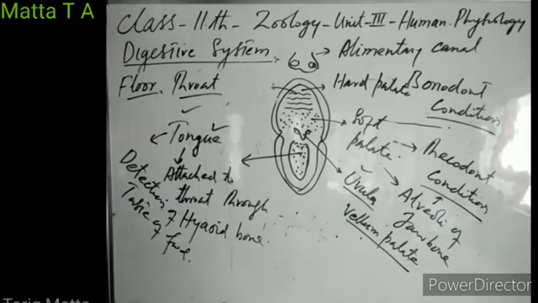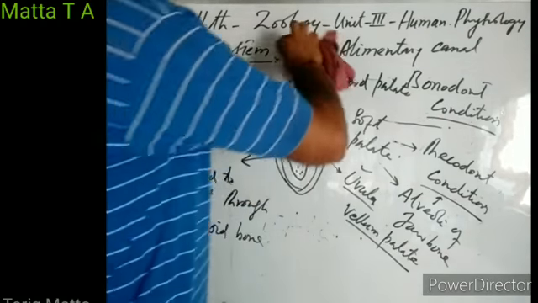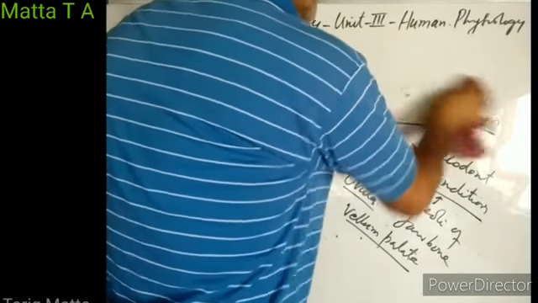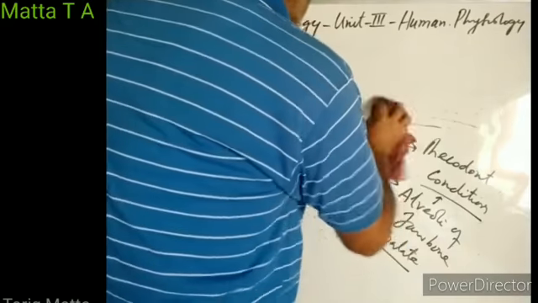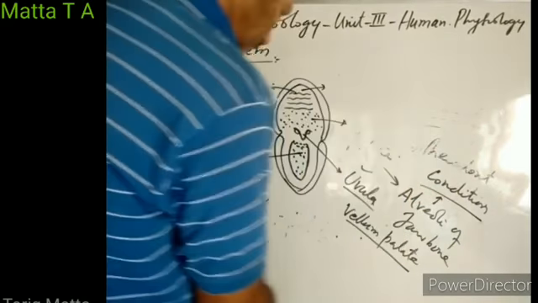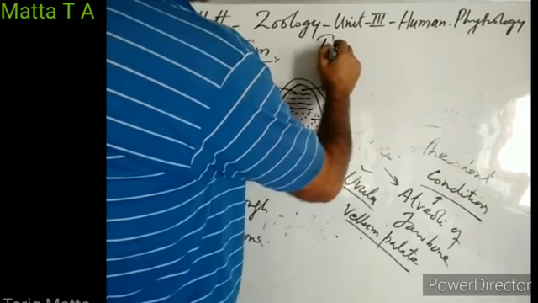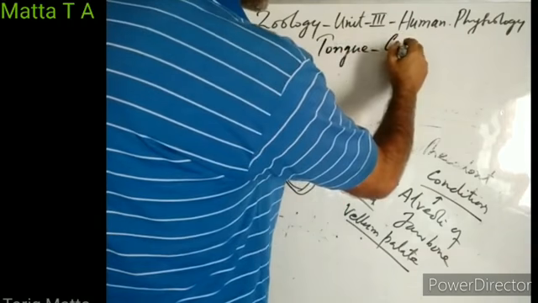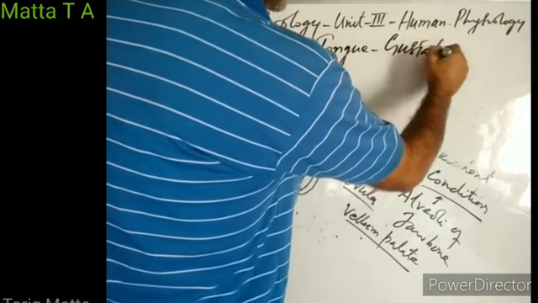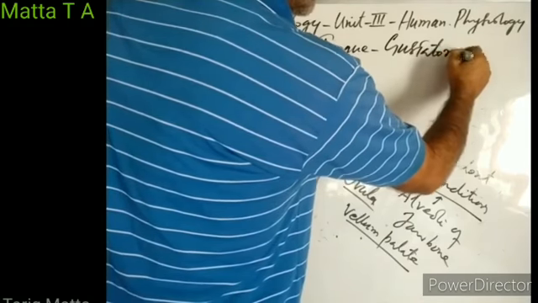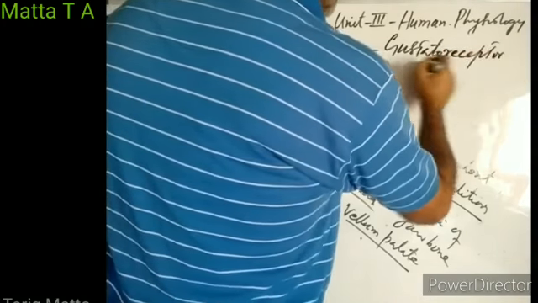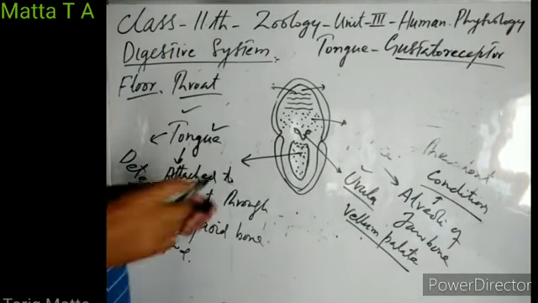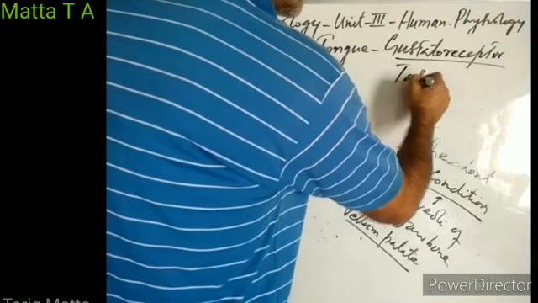So we say our tongue acts as a gustatoreceptor. Gustatoreceptor means it has got the receptors for detection of taste.